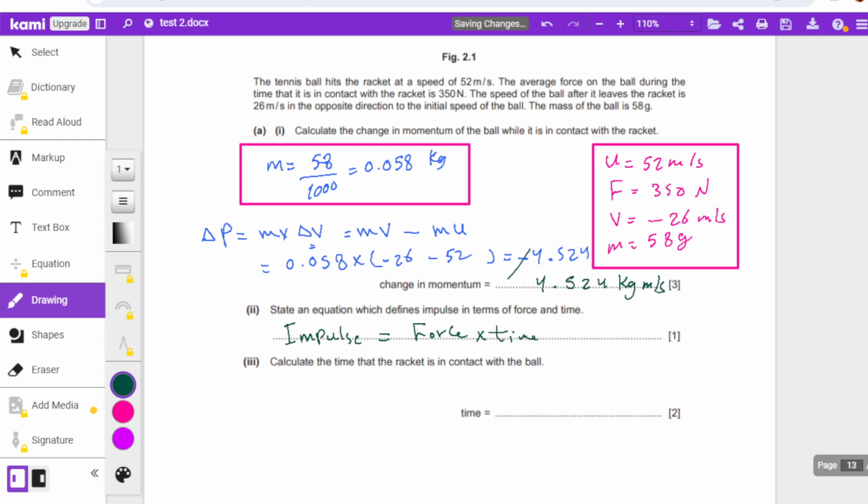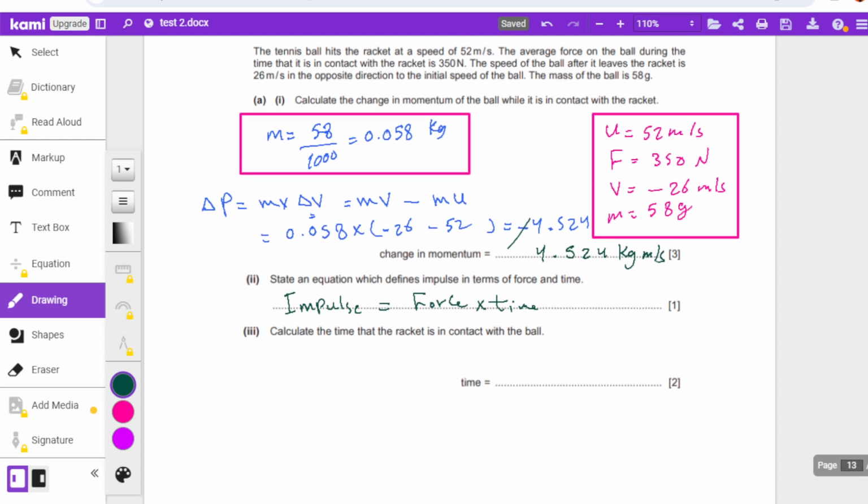Calculate the time that the racket is in contact with the ball. If you are asked to find time, as you see, we have force and we have a change in momentum, so we can use force multiplied by time equals change in momentum.